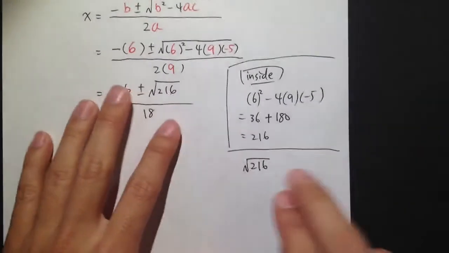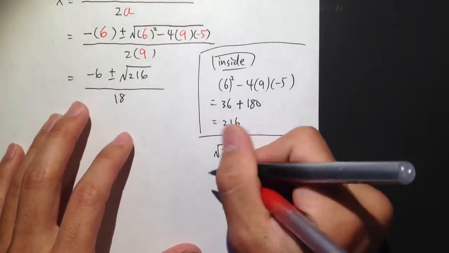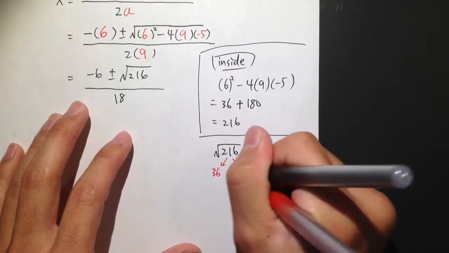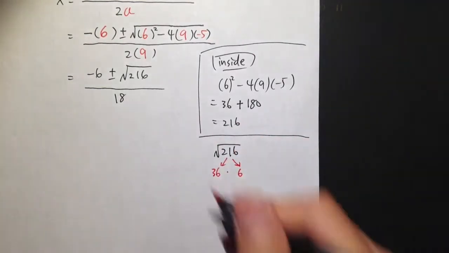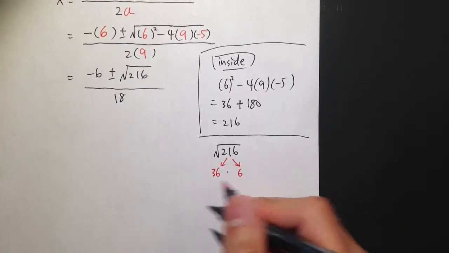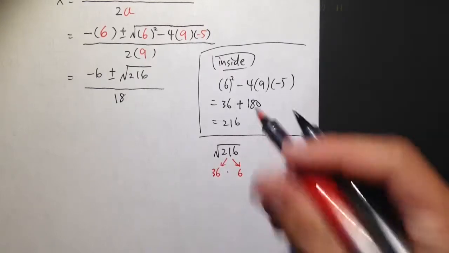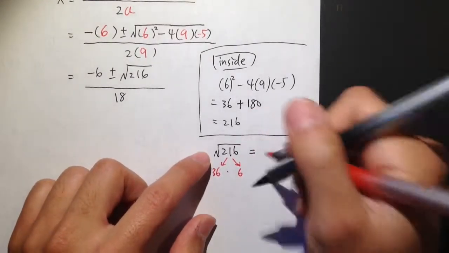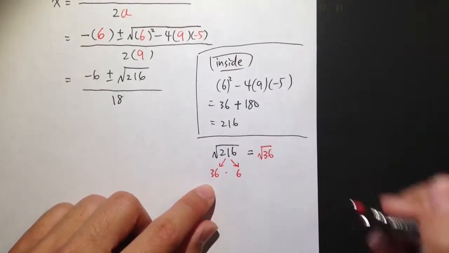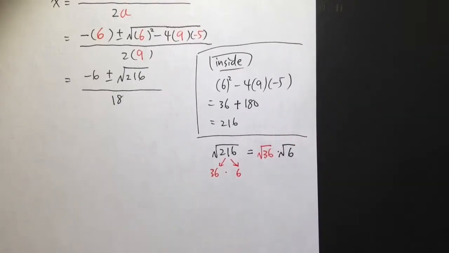But to show you how to do this, square root of 216 is actually 36 times 6. 36 times 6 is actually 216. And the reason I picked this combination is because 36 is a perfect square. So then we write this as square root of the first number, which is 36, times square root of 6.